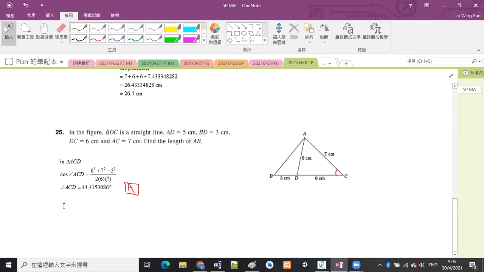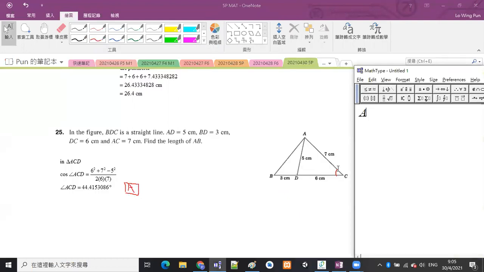And then for the next step, according to our plan, we need to use triangle ABC to calculate the length of AB. In triangle ABC, now we have two lengths and an angle, and we do not have any corresponding length and angle, so we are going to use the cosine formula. I want to find AB, so I make AB squared on the left.